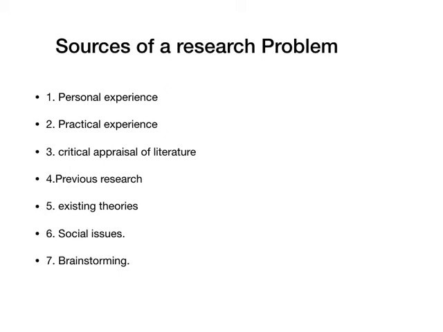So let's see. The next one is intuition. Maybe you have some guts, maybe you have some feeling, maybe you have some sixth sense which predicts that if this is going to happen, it can happen like this, or something bad can happen, or something good.